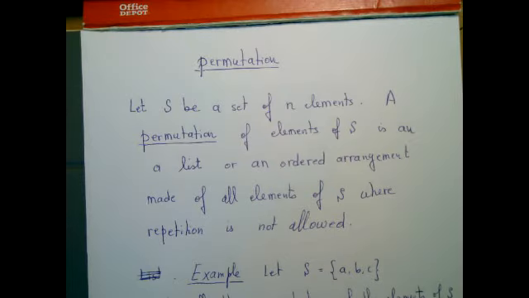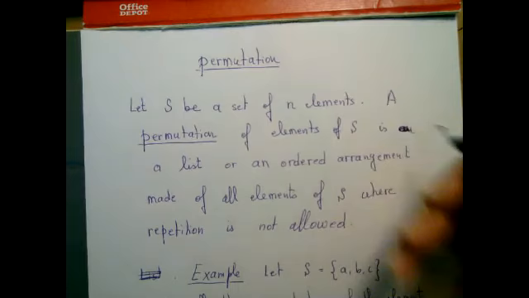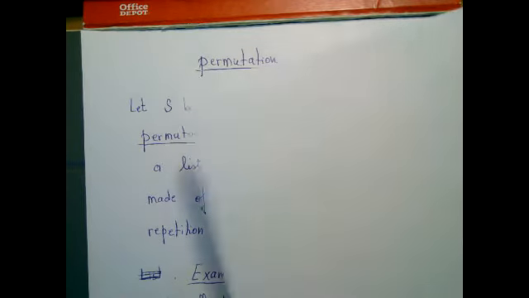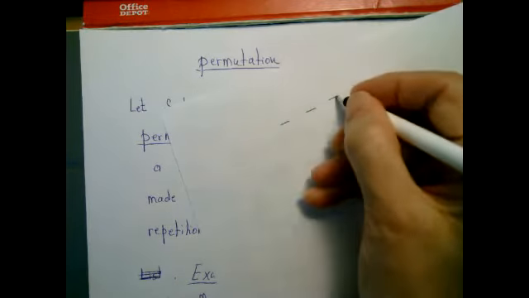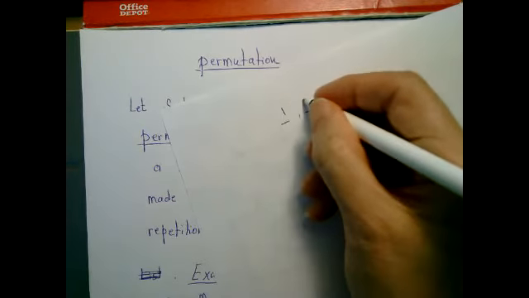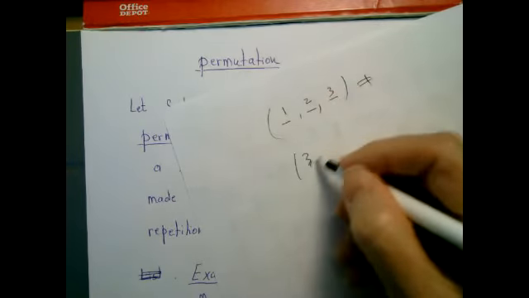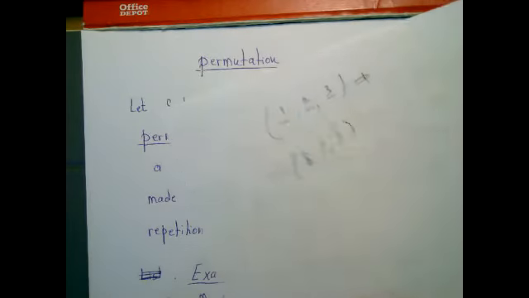Suppose you have a set S. A permutation of the elements of S is nothing more than a list, or an ordered arrangement. Remember, when I say list, it means I'm thinking about order. Order 1, 2, 3 is different than 3, 2, 1. So that's what we mean by list.